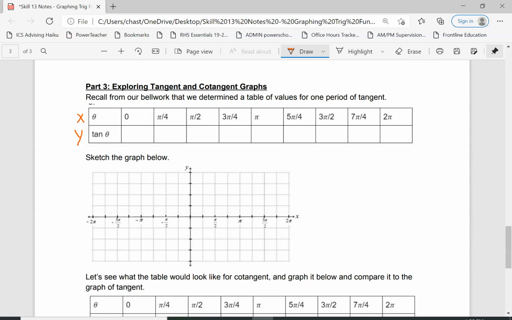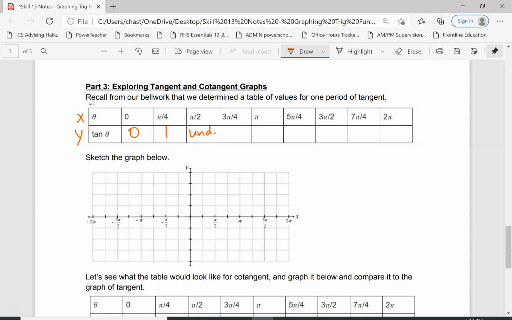I'm just going to put these in on my calculator to get decimals. Tangent of 0 is 0. Tangent of pi over 4, if you're in degree mode, that's 45 degrees, is 1. The tangent at pi over 2, which is 90 degrees, is undefined. The calculator says error.